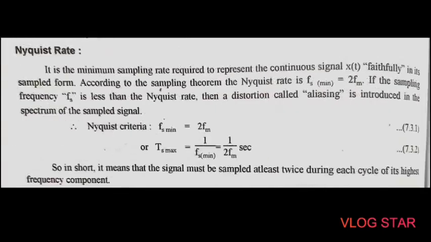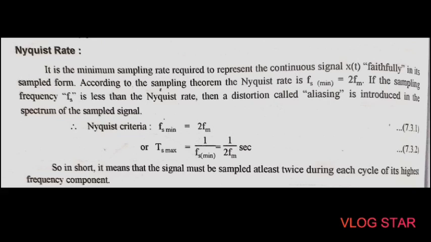The next point is the Nyquist rate. Basically it is the minimum sampling rate which is required to represent the continuous time signal x of t faithfully in its sampled form. According to the sampling theorem, fs is greater than or equal to twice of fm, but according to the Nyquist rate, fs is equal to twice of fm.